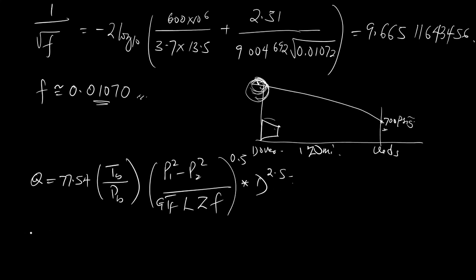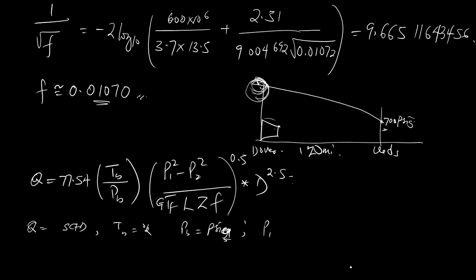Now let's go to the next page. Now let's just write this flow rate. The unit is standard cubic feet per day. The base temperature is in Rankine. The base pressure is in PSIA.